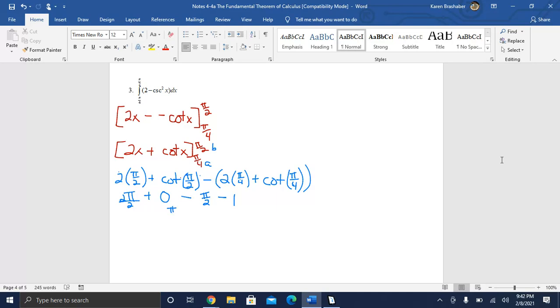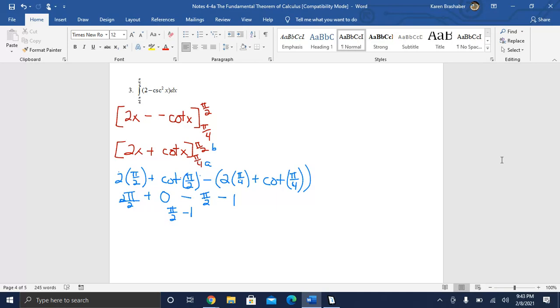That's going to give you pi over 2 minus 1. And that would be the area under the curve from pi over 4 to pi over 2 for 2 minus the cosecant squared of x.